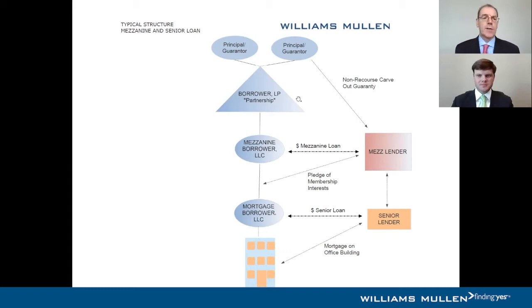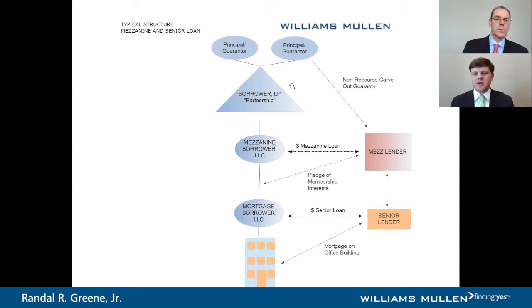Randal, would you care to talk a little bit about the use of the proceeds in these loans? Sure, Bob. Thanks. So the proceeds of the mezzanine loan are used to fund the acquisition of the underlying real estate securing the mortgage loan. And typically, the principal amount of the senior loan is between 65 and 75% of the value of the real estate.